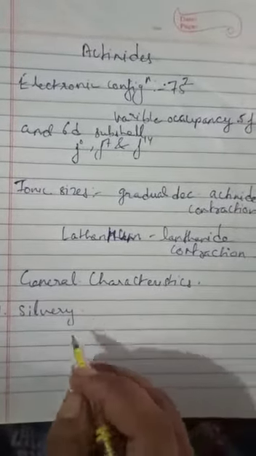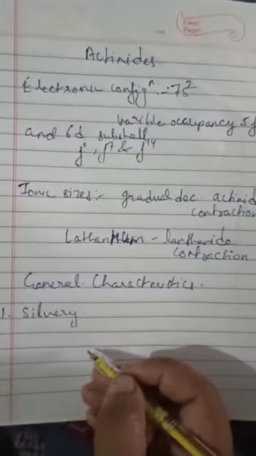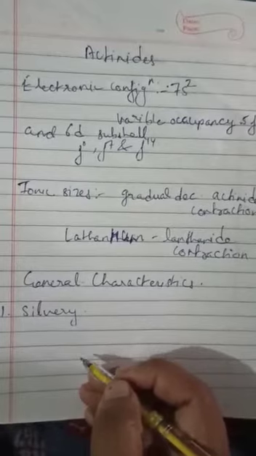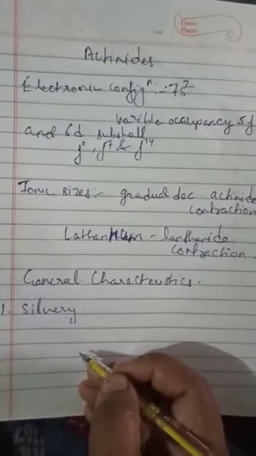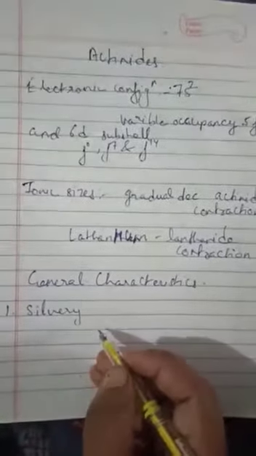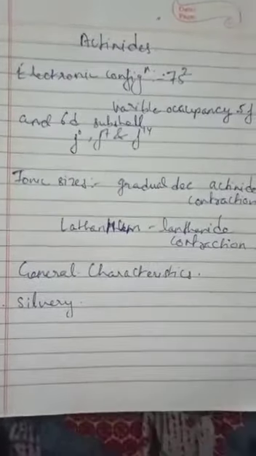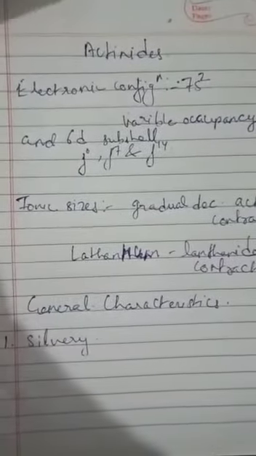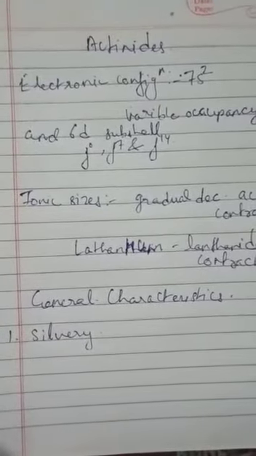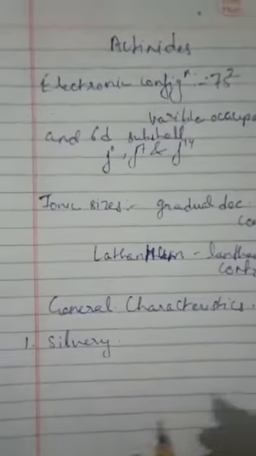Okay, so there is structural variability in the case of actinides, and this structural variability is due to the irregularities in the metallic radii, which are very much greater than those observed in the case of lanthanides. So actinides have a silvery color with different structures.